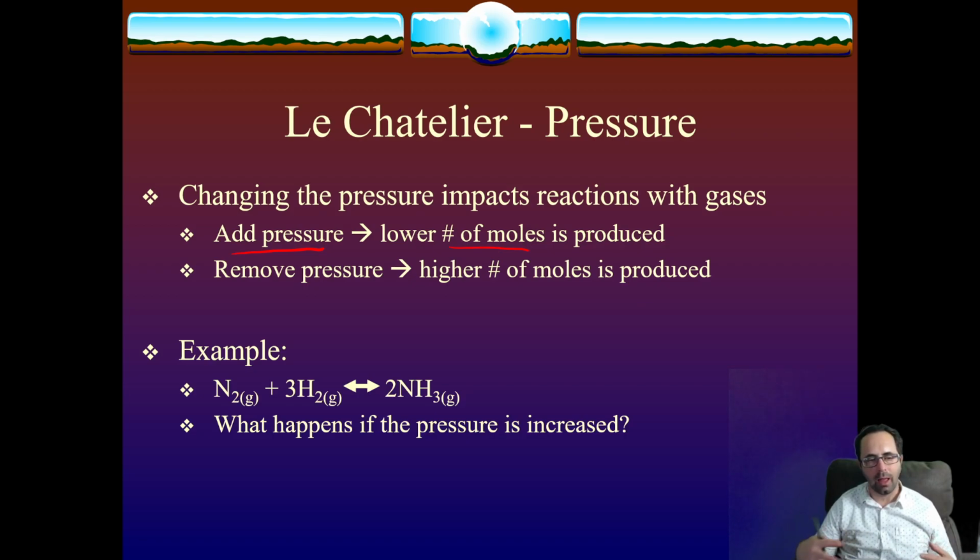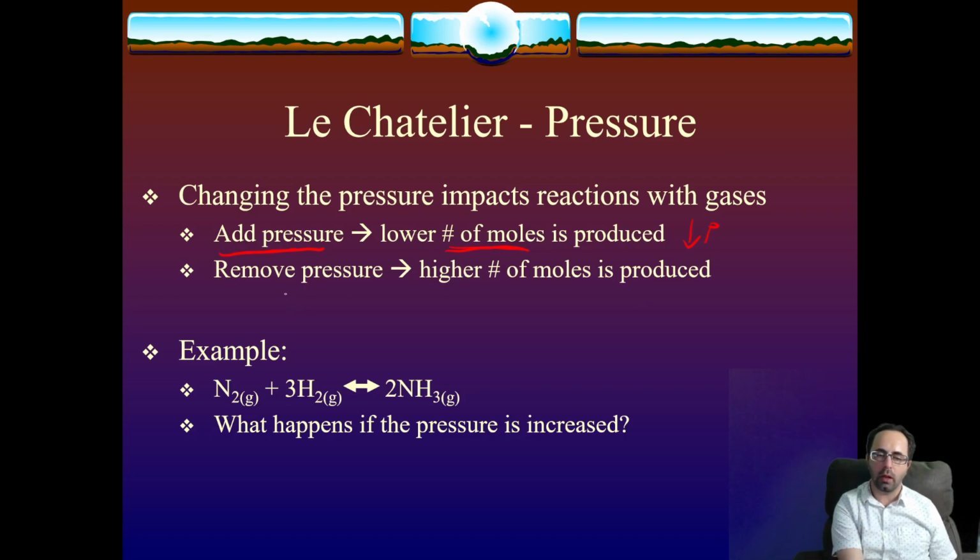It only depends on how many gas molecules there are and what the temperature is and what the volume is. So by the reaction going in the direction of lowering the number of moles of gas, that will reduce the pressure. And so this will counteract the adding of pressure that we did.